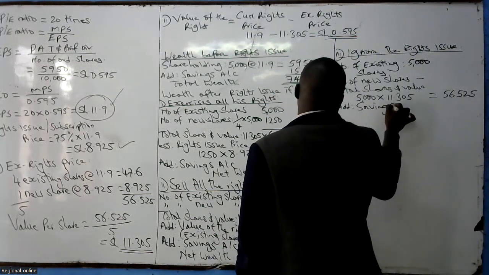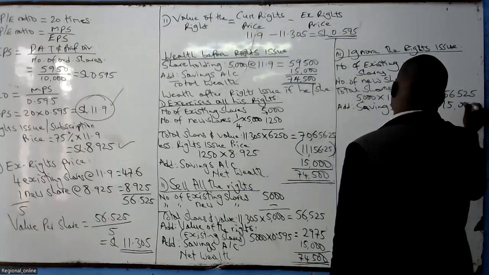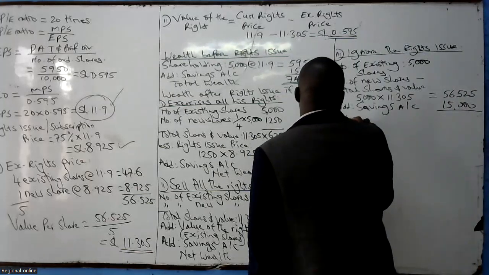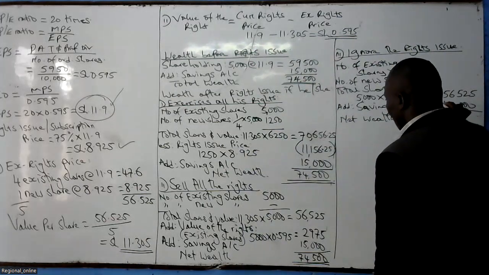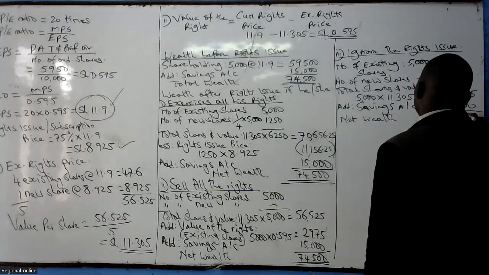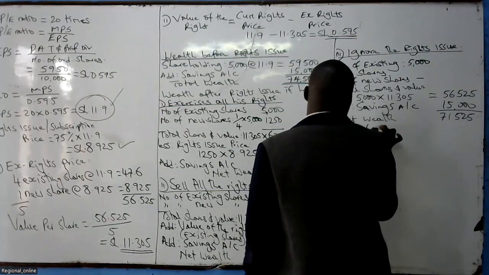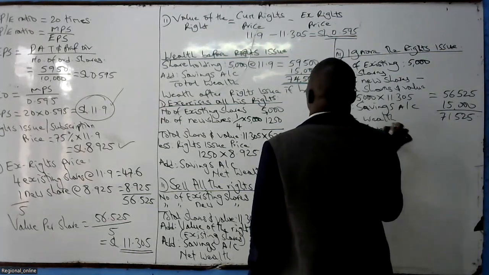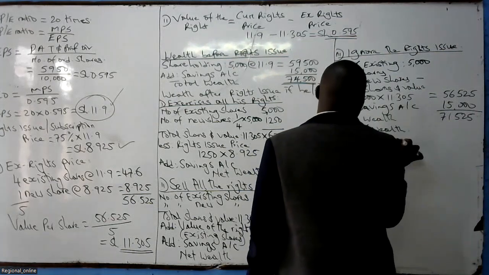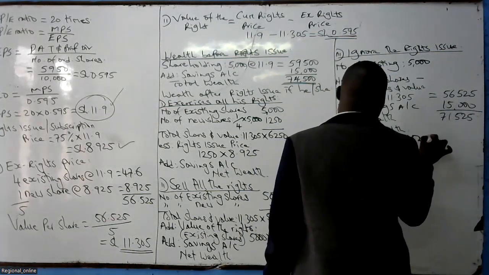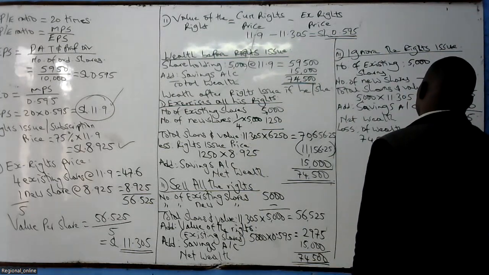Your savings account here, which is 15,000. So what is the net wealth? 71,525. So what is the loss of wealth? Before the rights issue, he had 74,500 and here it is 71,525. And the loss of that value is how much? 29,525.